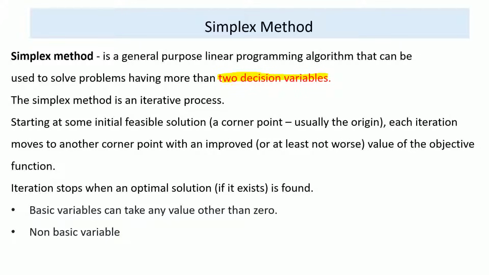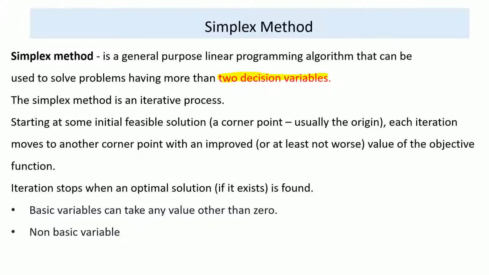By the way, the simplex method can also solve a linear programming problem having 2 decision variables. But because a linear programming problem with more than 2 decision variables cannot be solved using the graphical method, the simplex method is suitable to solve a linear programming problem having more than 2 decision variables.